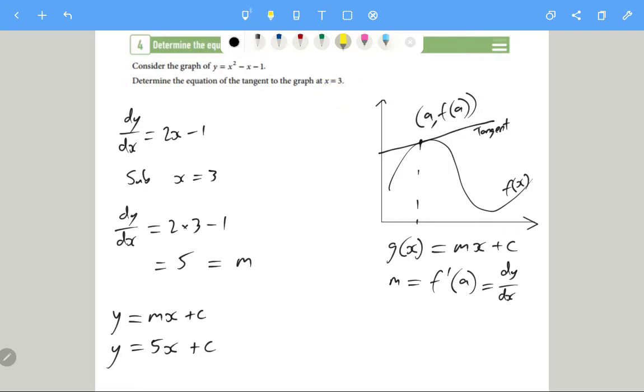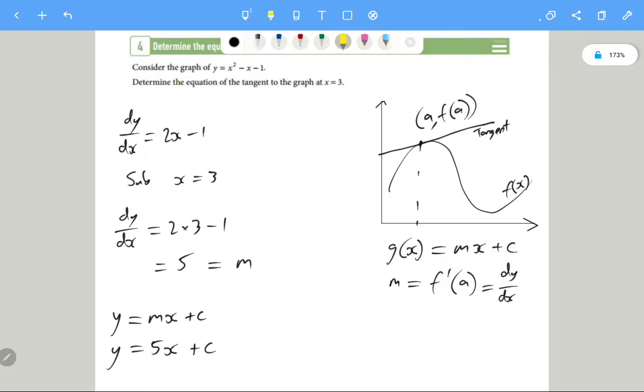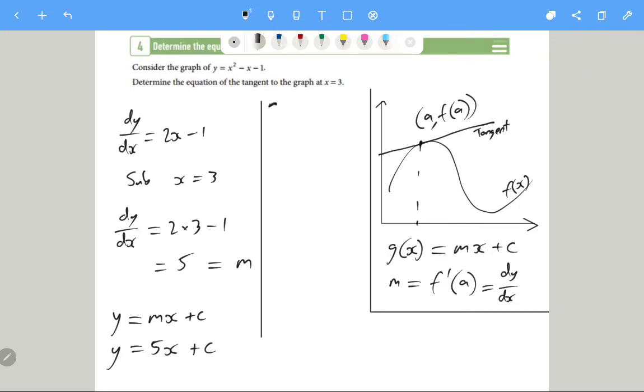But we need to know the y-coordinate that goes with x equals 3. So let's substitute x equals 3 into y equals x squared minus x minus 1. We get 3 squared minus 3 minus 1. 9 minus 3 is 6. Minus 1 is 5. So this is the point 3, 5.